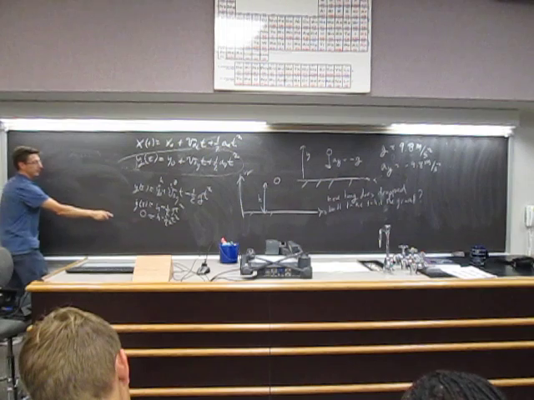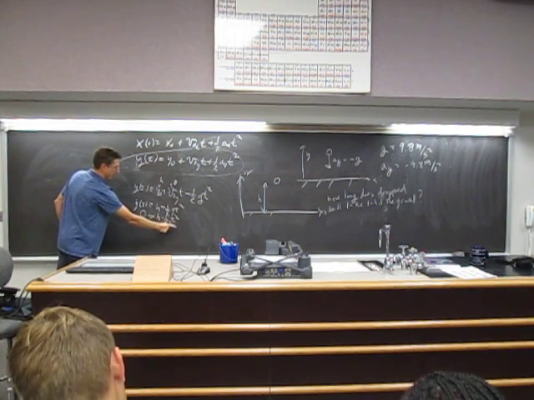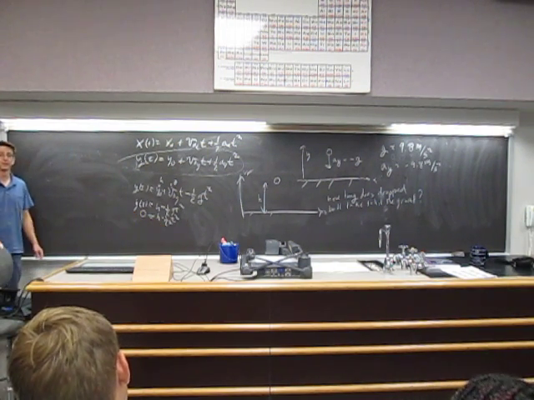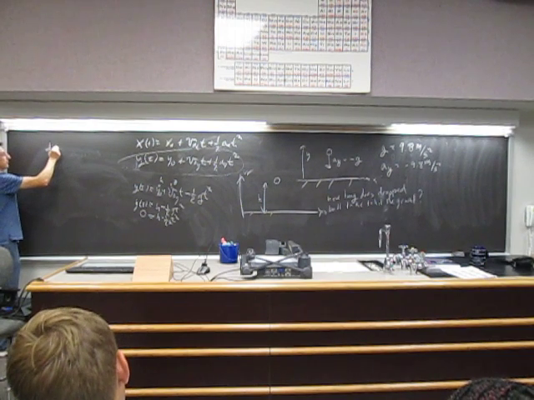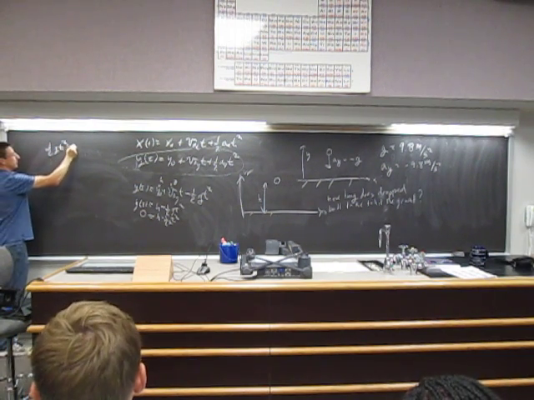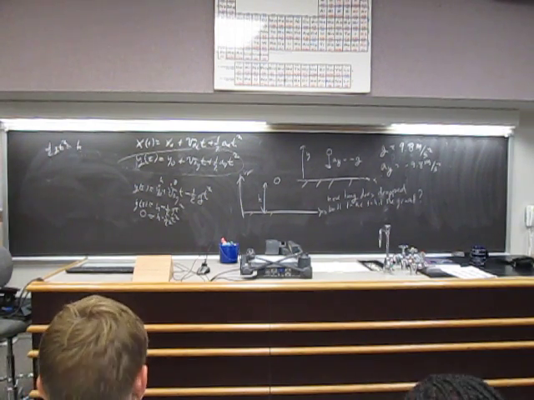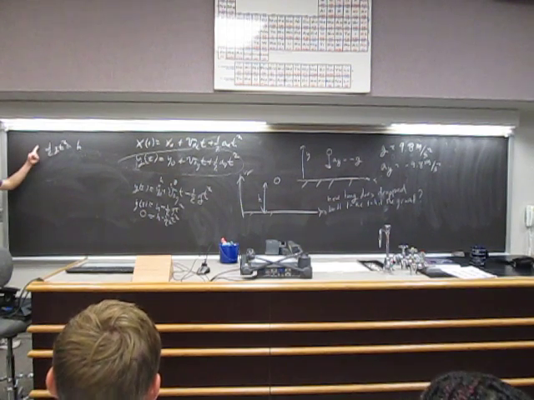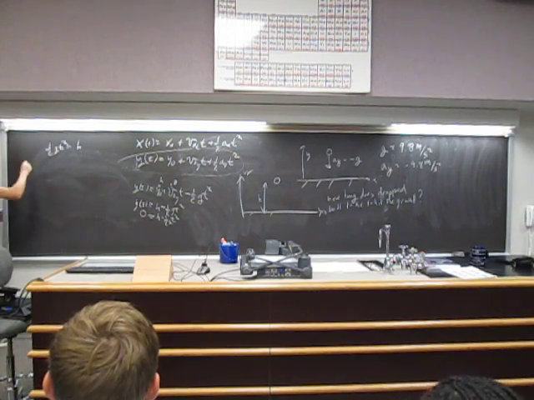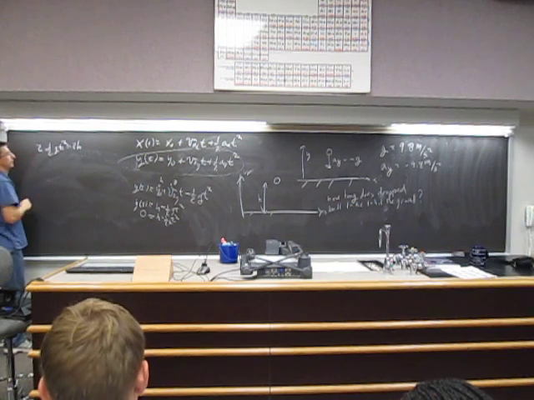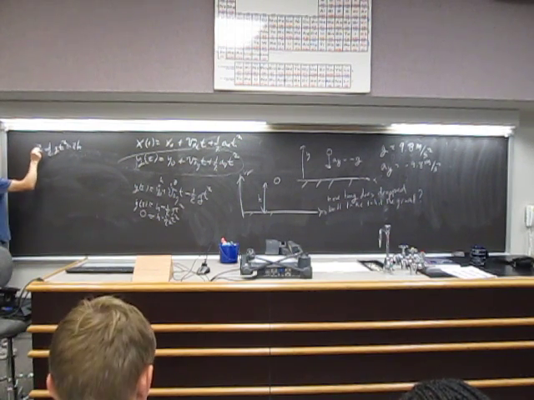I'll add the minus 1/2 g t squared to both sides of the equation. So I get 1/2 g t squared is equal to h. Multiply both sides by 2. Divide both sides by g.